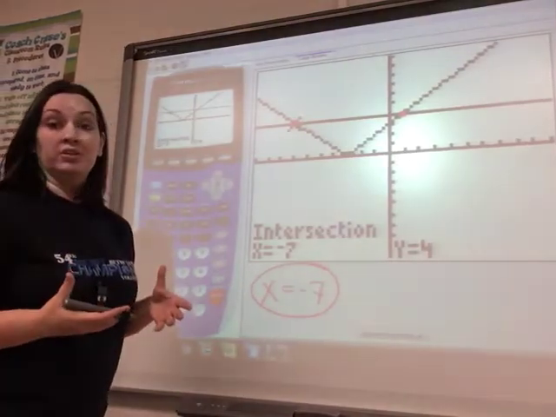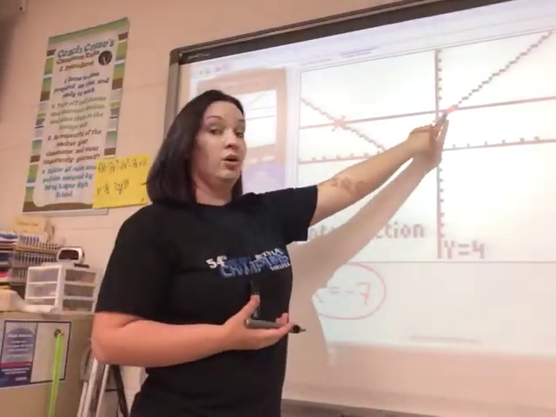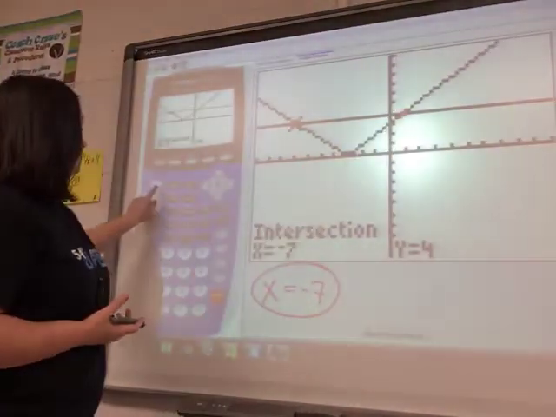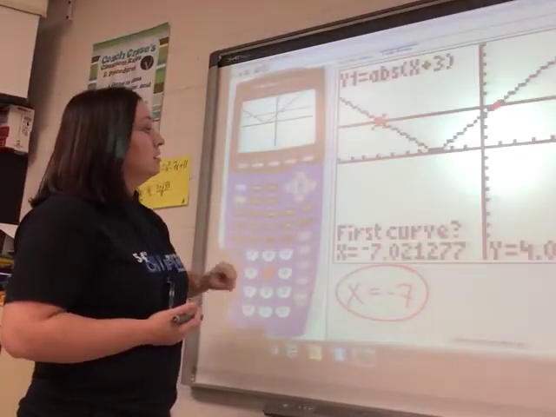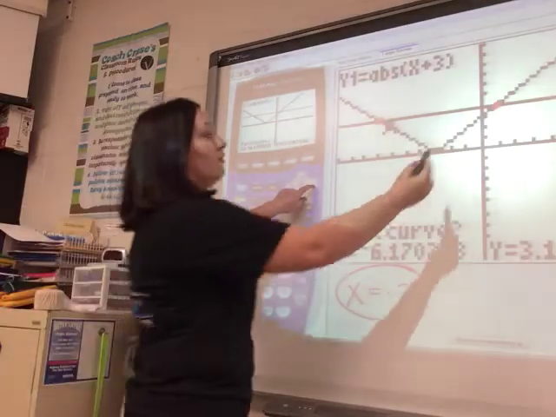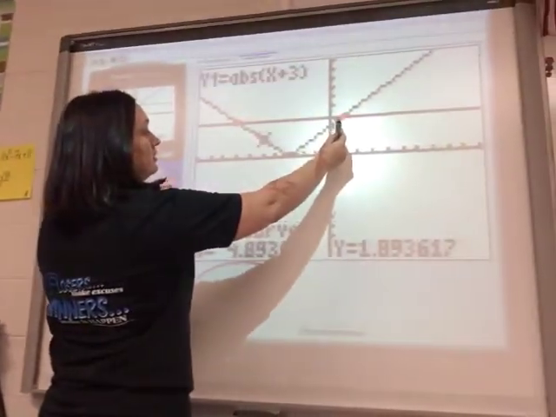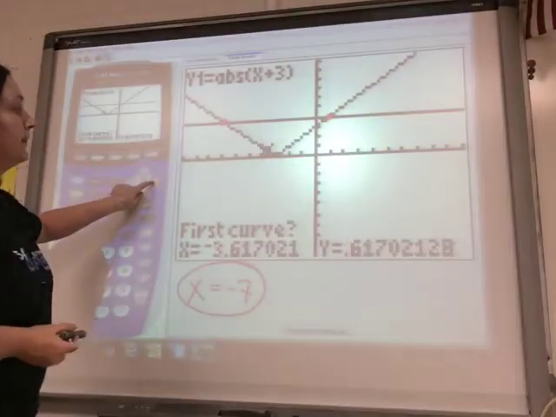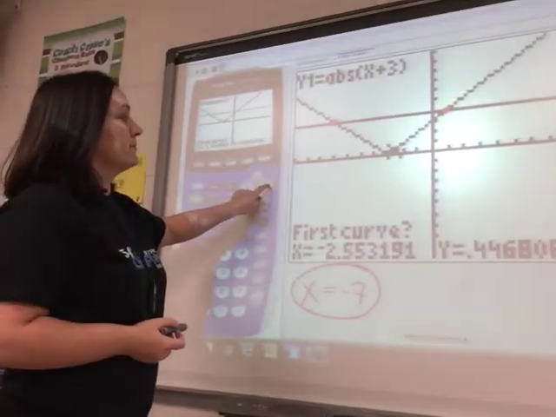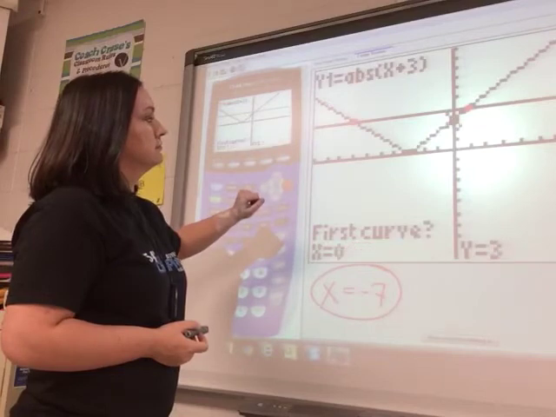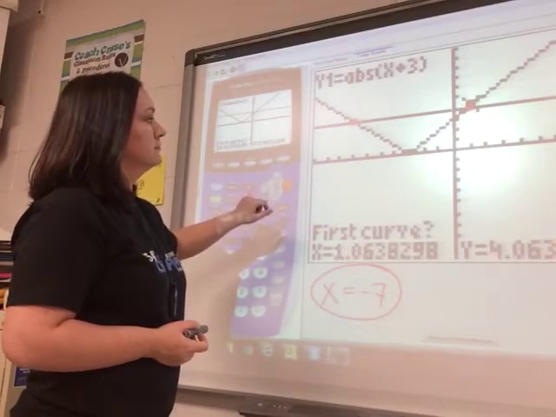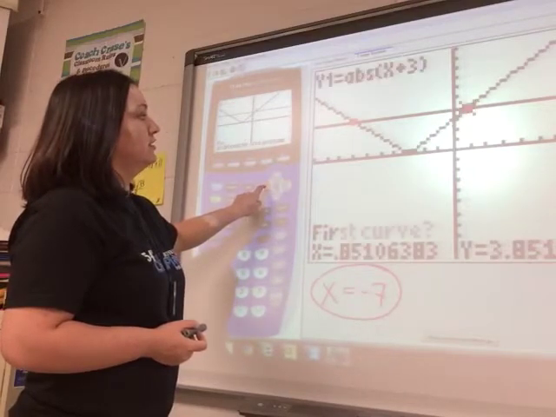I'm going to repeat the process to find the intersection on the right side. So second, trace, intersect. Move my cursor close to my right side intersection. I went too far, so I've got to come back just a little bit.